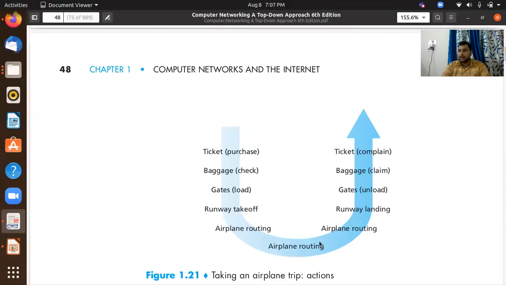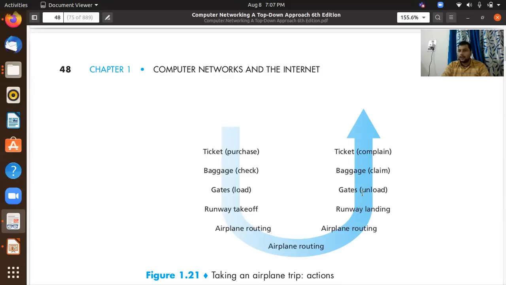Then finally, at the receiving end, at the destination end, the reverse operations will happen. After it has reached the destination, the landing will take place. Here it was a takeoff, but there the opposite happens: landing.